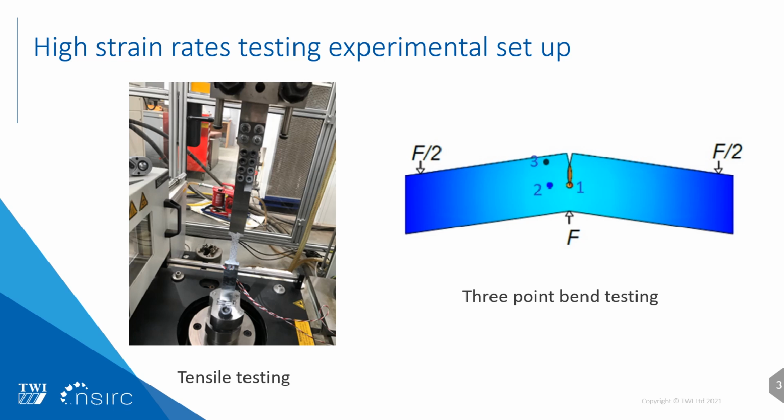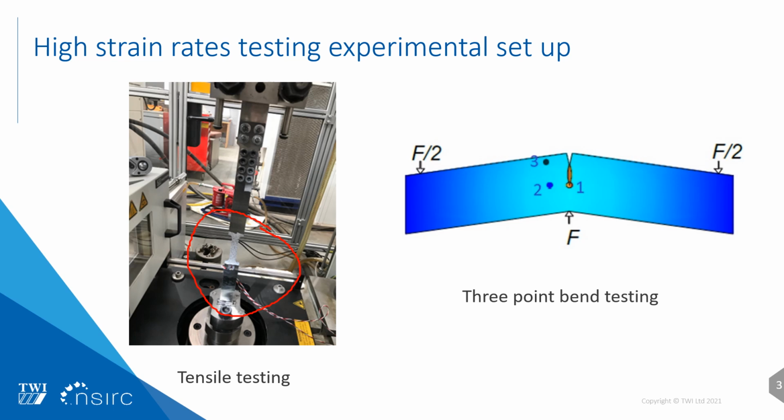Let's start by showing some examples of the experimental setup which we have utilized in this project. Here we can see the hydraulic machine, and you can see the flat tensile specimen on it with speckle patterns around it, which are used by the camera for digital image correlation analysis.